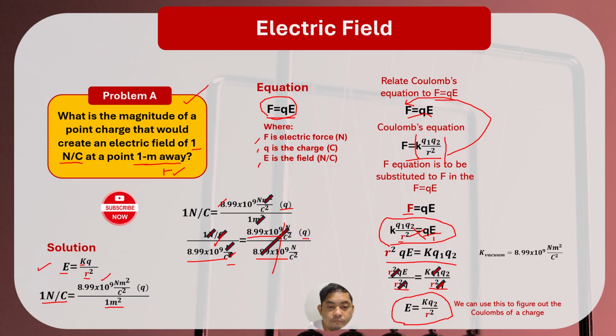So 1 divided by 8.99 times 10 raised to 9 will give you this answer. It's 1 times 10 raised to negative 10 coulombs. That's the value of the magnitude of the point charge that generates a 1 Newton per coulomb electric field 1 meter away.